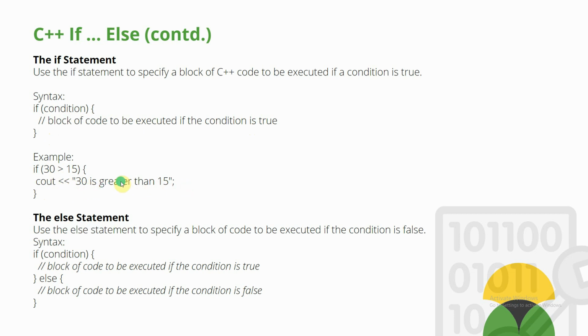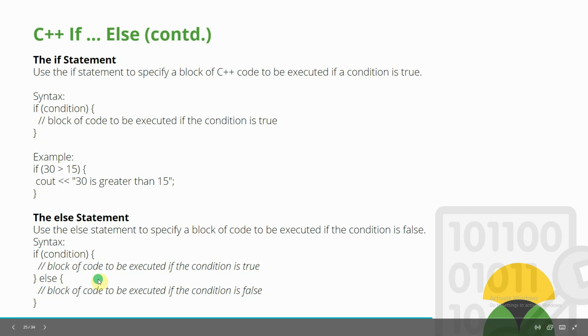This will be the output displayed, since this condition is satisfied as true. Then the else statement specifies a block of code to be executed if the condition is false. So in the syntax, if the condition is true, the block of code is executed, else the block of code is executed if the statement is false.